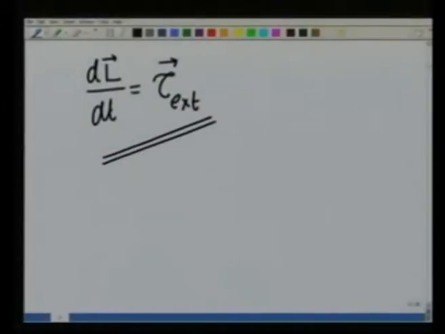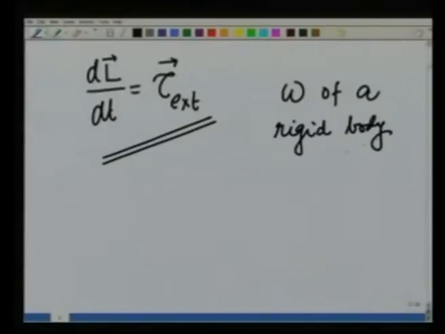So after having solved this equation, I should also be able to tell you how omega of a rigid body changes, and therefore with time how the body changes its orientation.